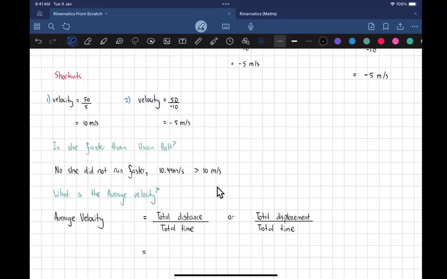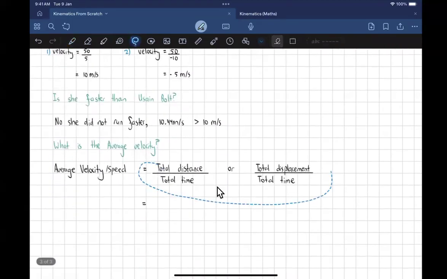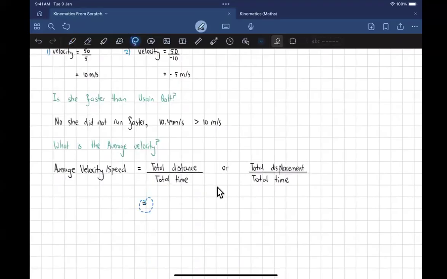Guys, remind me, what's another word for velocity? Speed. Yes, velocity and speed. In maths, they use it interchangeably, although it's not the same thing. So, Haley, what was the total distance that she covered?